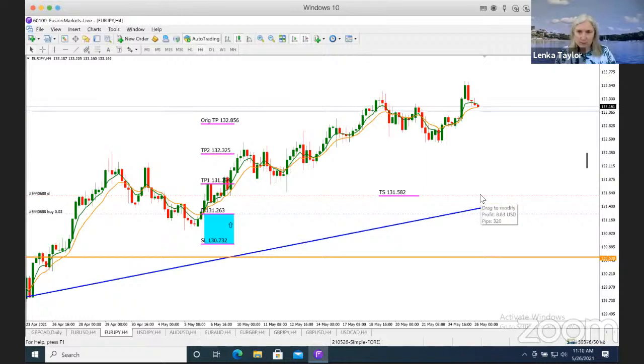Move the trailing stop up a little bit, to about here.